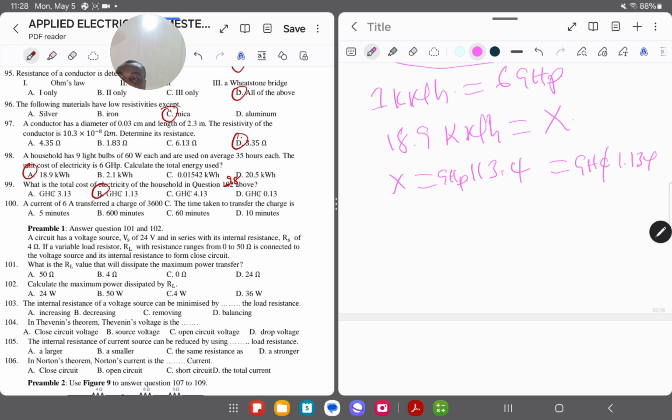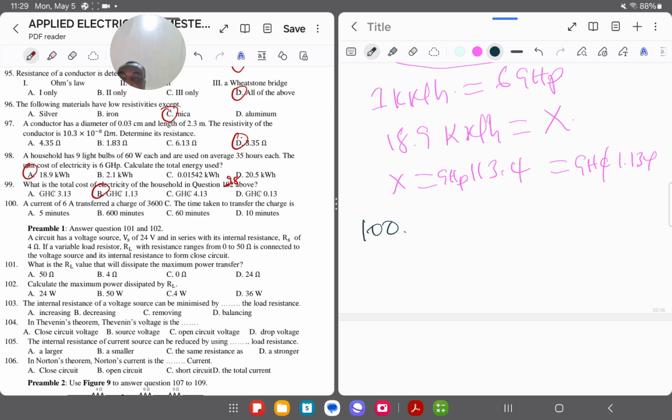Now question 100. A current of 6 amps transfers a charge of 3,600 coulombs. The time taken to transfer the charge is, okay. So we have question 100. So we are interested in the time.